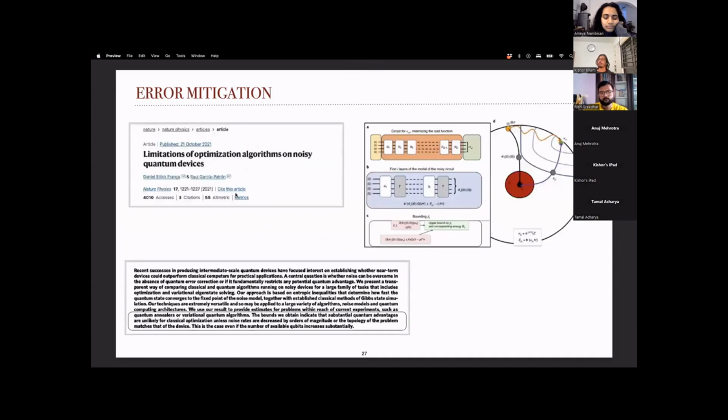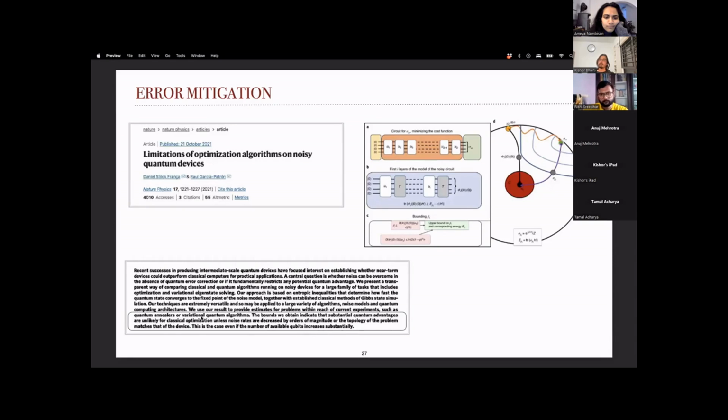There was also this nice paper by Franca and Raul Garcia-Patron, where they make this statement that the bounds we often indicated a substantial quantum advantage are unlikely for classical optimization unless noise rates are decreased by orders of magnitude or the topology of the problem matches that of the device. This is the case even if the number of available qubits increases substantially.